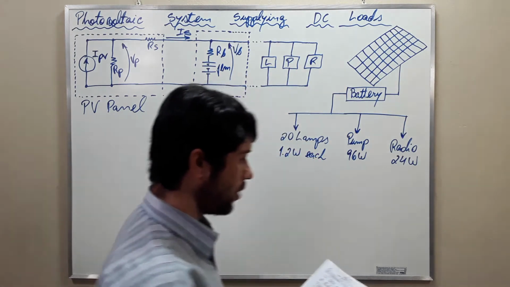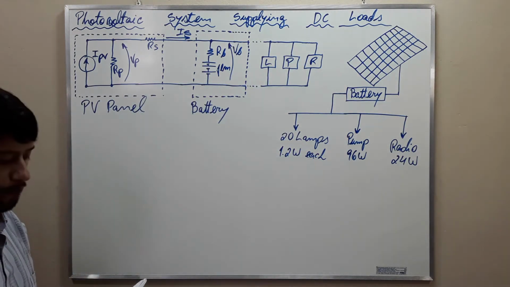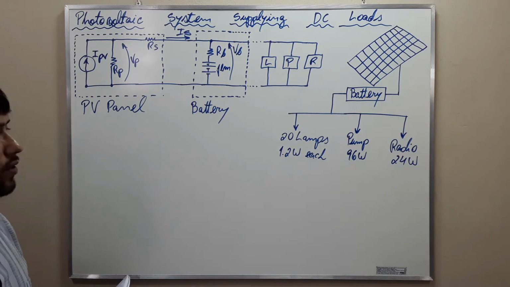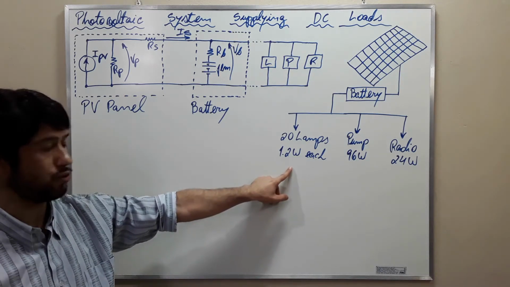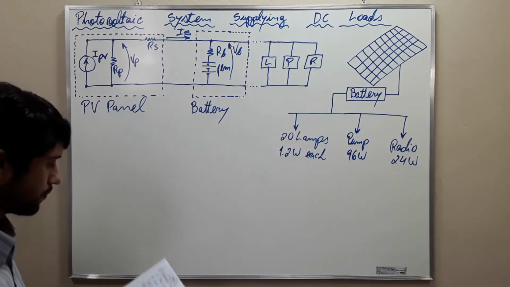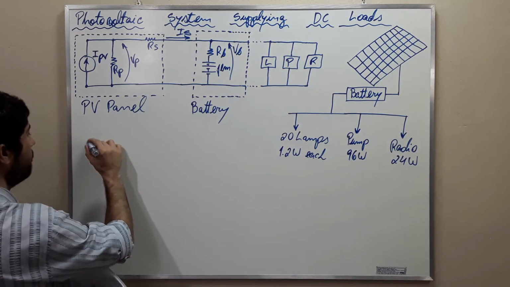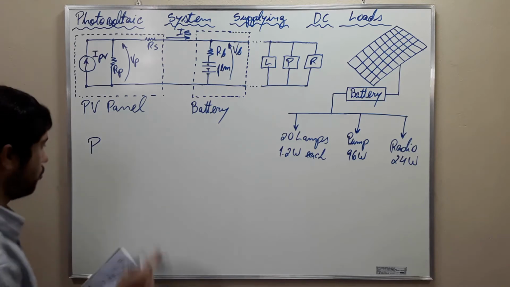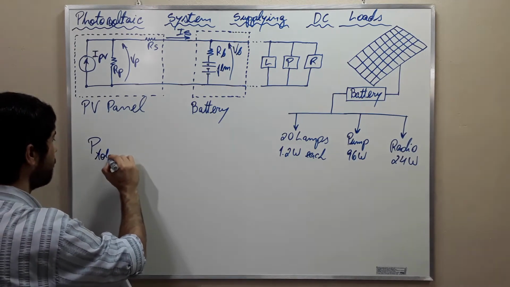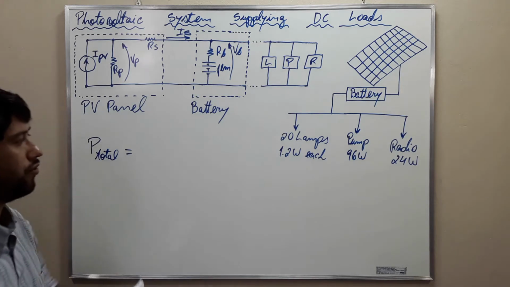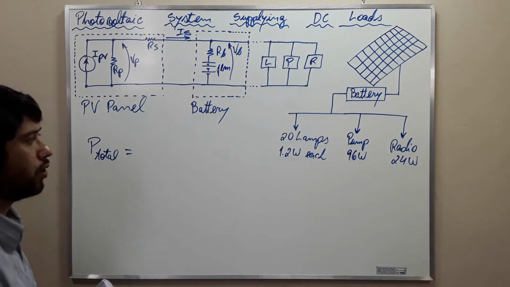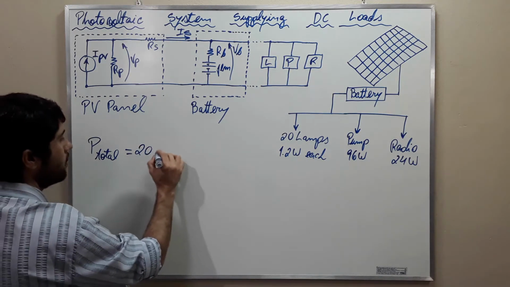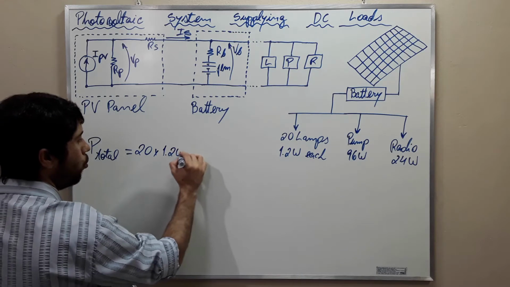Letter A wants us to calculate the equivalent resistance. How are we going to do this? We are going to calculate the equivalent resistance using the powers. The total power consumed by the loads, P total, is equal to 20 lamps, so we multiply 20 times 1.2 watts.